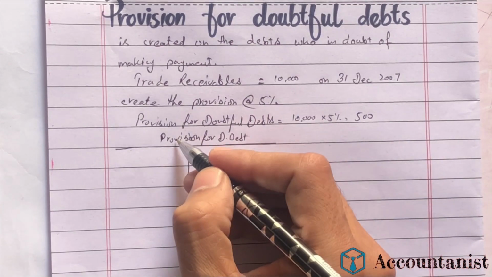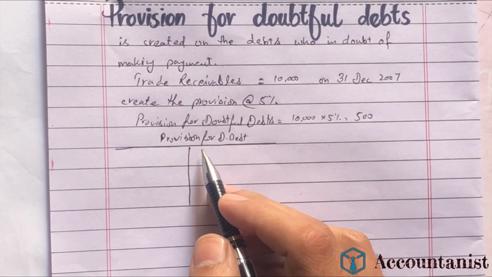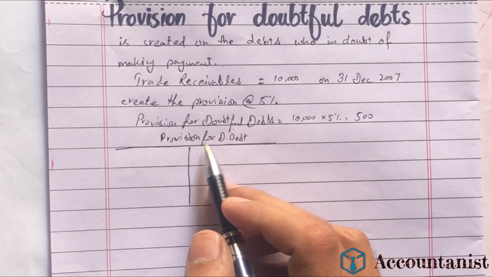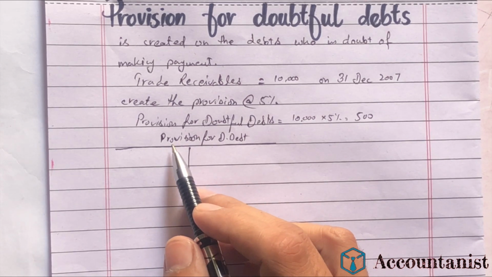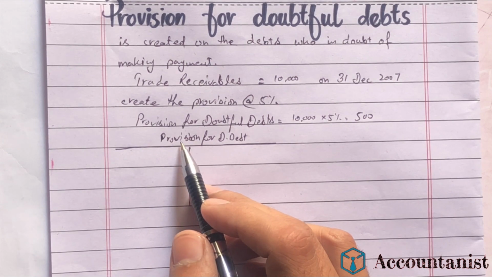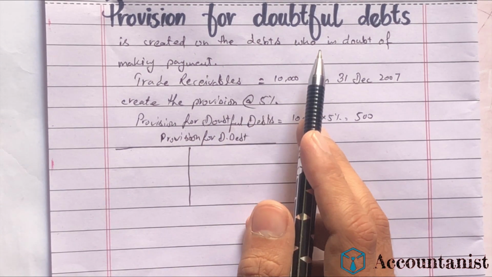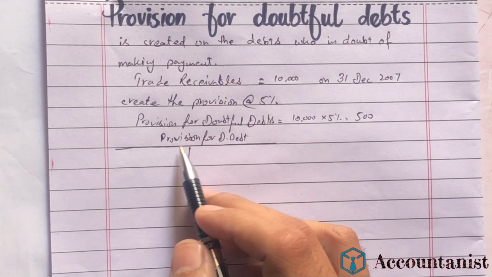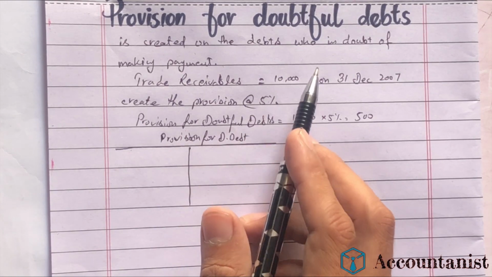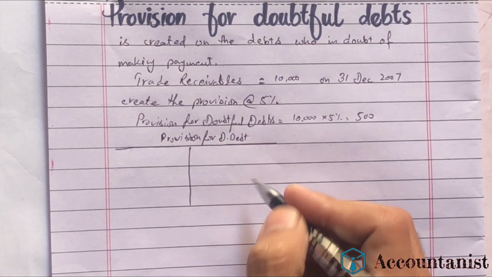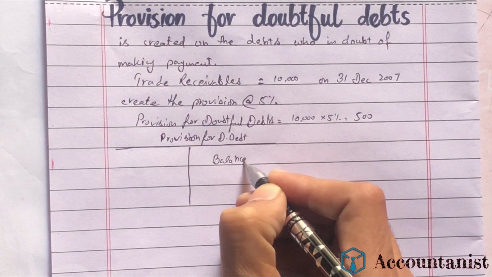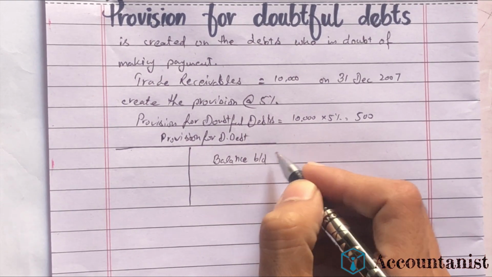I usually tell my students that in the O-level or IGCSE syllabus, we have two accounts that start with the word provision. The first one is provision for doubtful debts, and the second one is provision for depreciation. Both of these accounts start with their balance on the credit side. So the balance brought down will come up here.